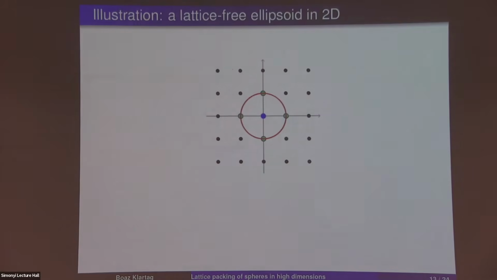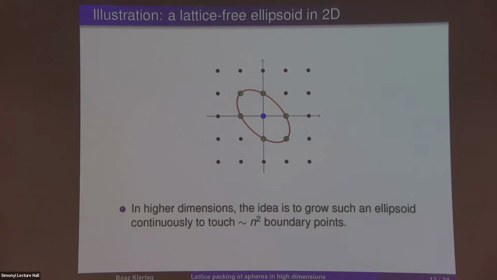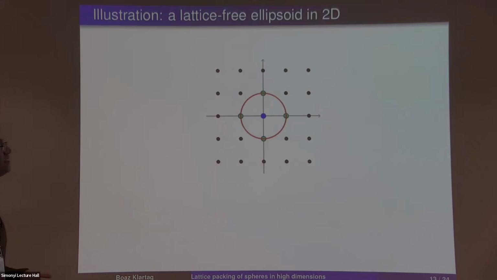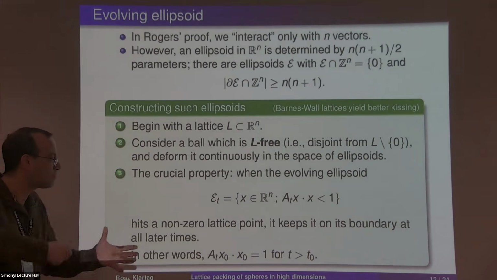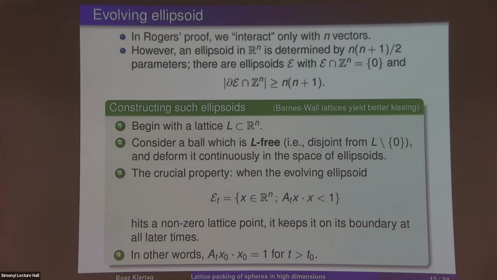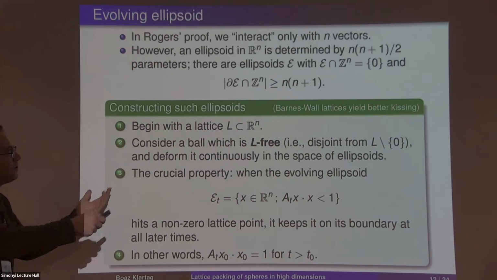Let me draw it as an animation. You start with this circle, deform it continuously, maybe this way, and you get more contact points, so you keep them on your boundary at all later times, and then you're done. I claim that this process will give you at least n square boundary points. This is because we just count dimensions. Each point gives you one linear constraint on a space of dimension n square.